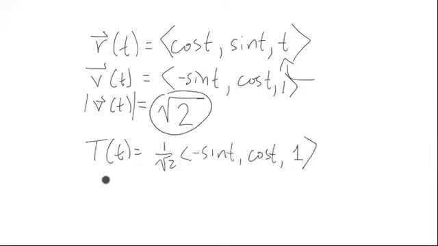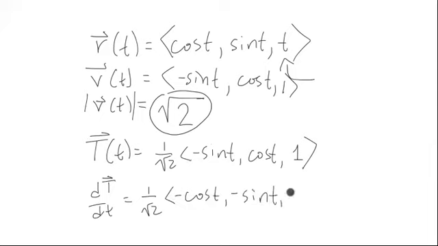Next, we need to be able to find the derivative of T. So dT/dt, what's that? Thinking of that, we'll just take that and take its derivative with respect to t, so you end up getting negative cosine t, negative sine t, and 0. Okay, so that's dT/dt.